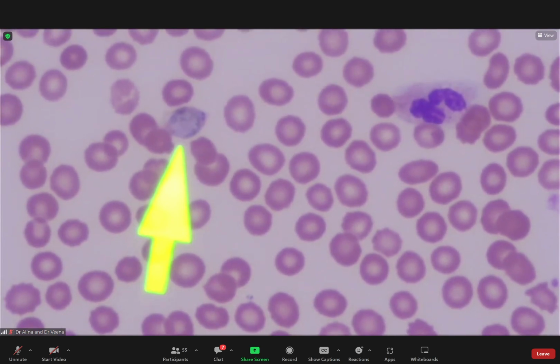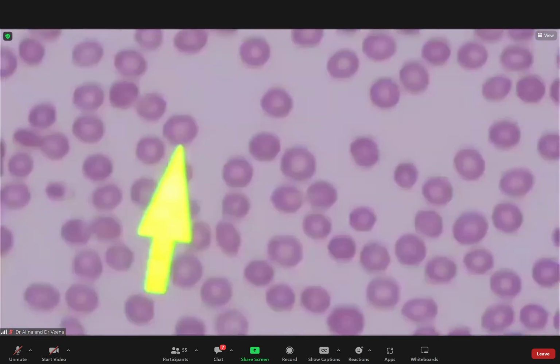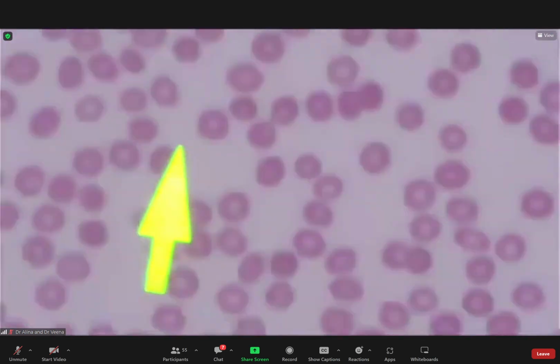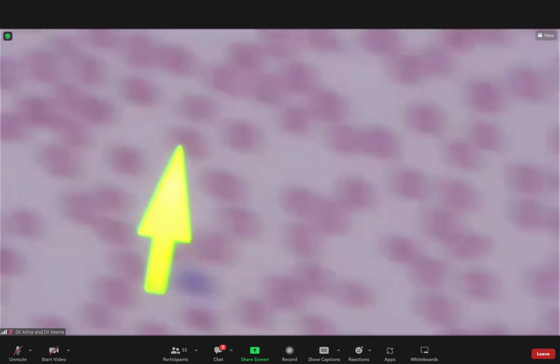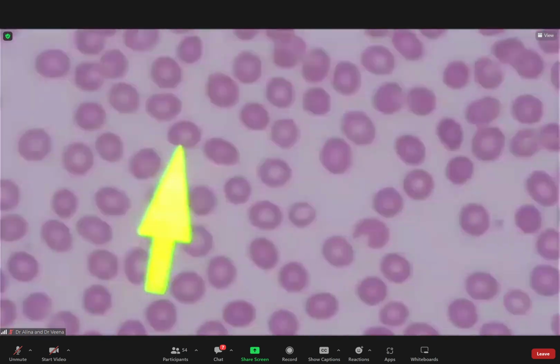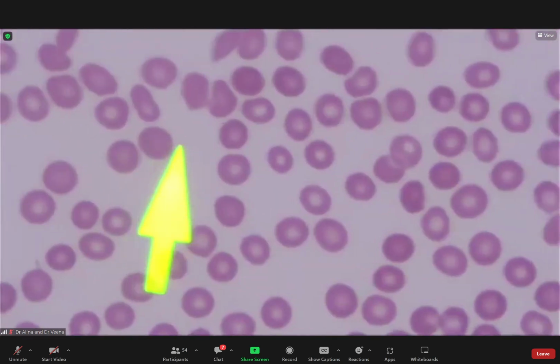Any specific type? Trying to look for a banana shape. I can't seem to find it. There's a banana. This one has a banana.